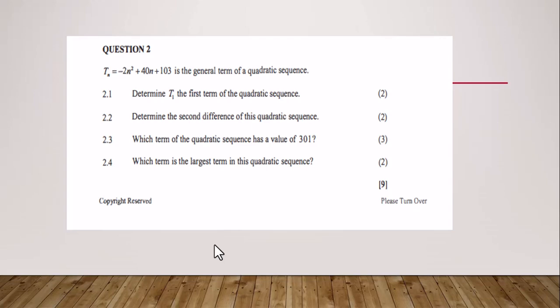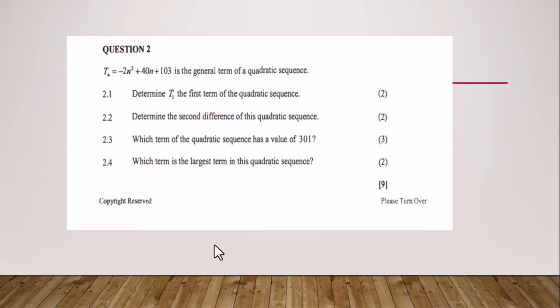But when he says, or when she says, which term is the largest, it's a very tricky question, because how would you find the largest term here? This pattern can continue to an infinite value. You can substitute a 100, a 200. It just keeps on increasing.